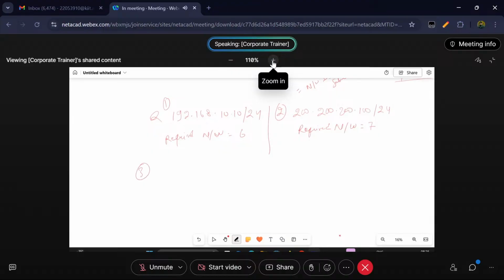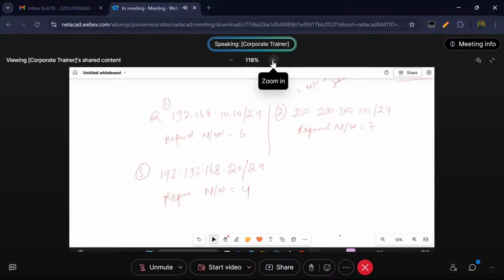The third one, let it be the IP 192.168.20/24, and required network is, let it be 6. Okay, 6 I have given. Let it be 4.